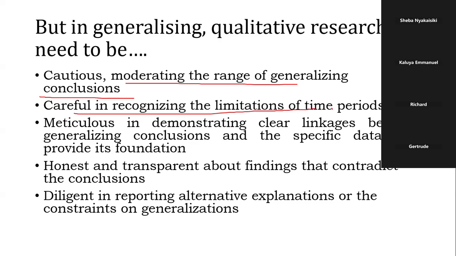Recognizing your limitations of time periods: I may have discovered this in this period, but this may not be found later on. Be meticulous in demonstrating clear linkages between generalization and the specific data that you've picked. Honesty and transparency about the findings. Be diligent in reporting alternative explanations or constraints of your research.